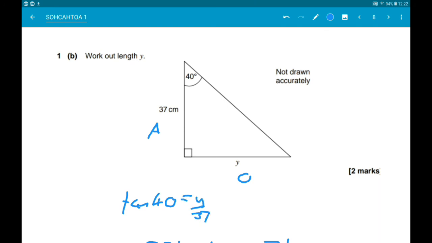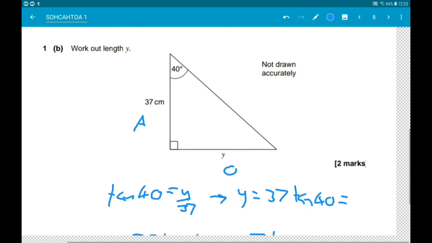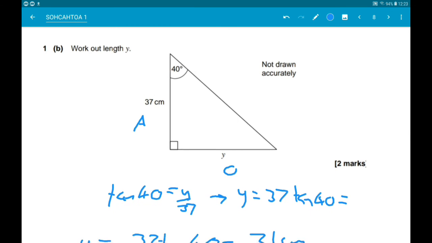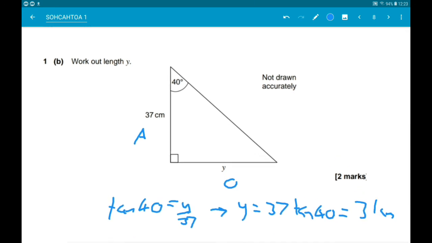So, multiply by the 37. And we're going to get y is 37 tan 40. Which, even to one decimal place, still just gives us 31 centimetres. Ignore the blue down there. Cool.